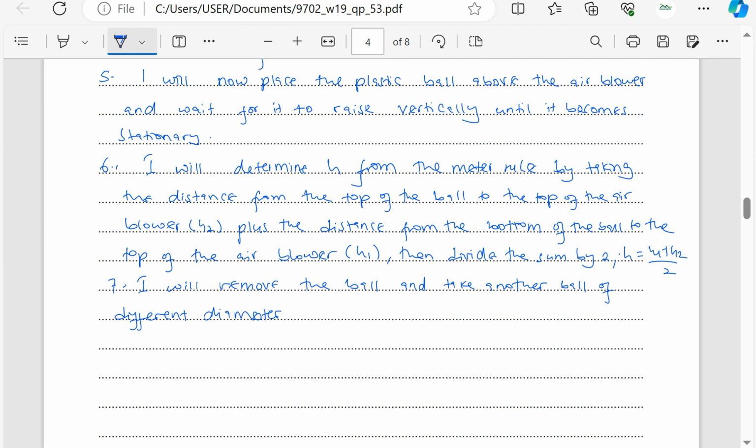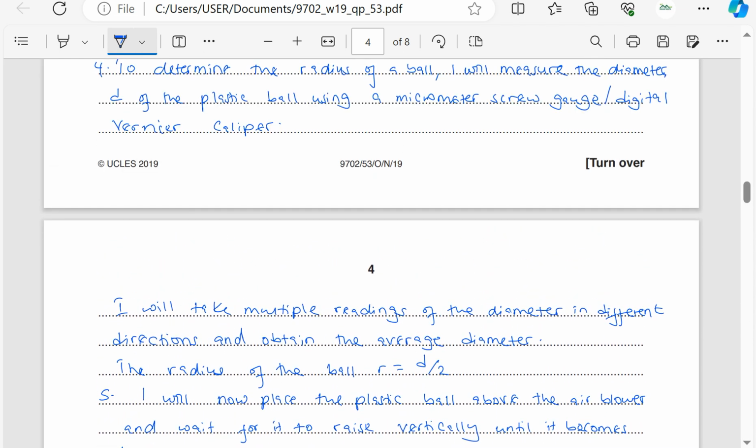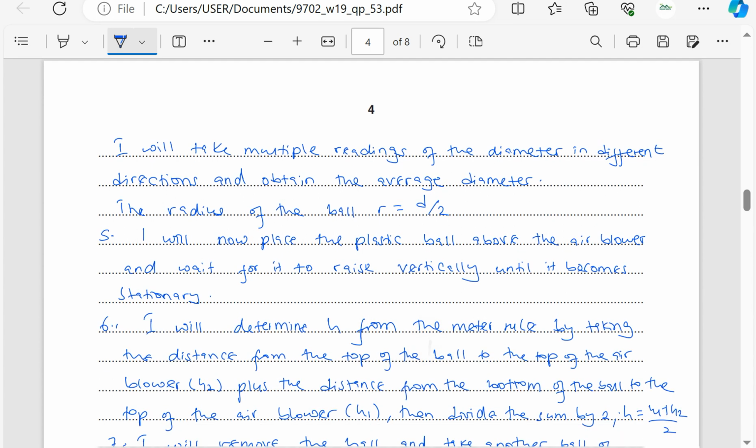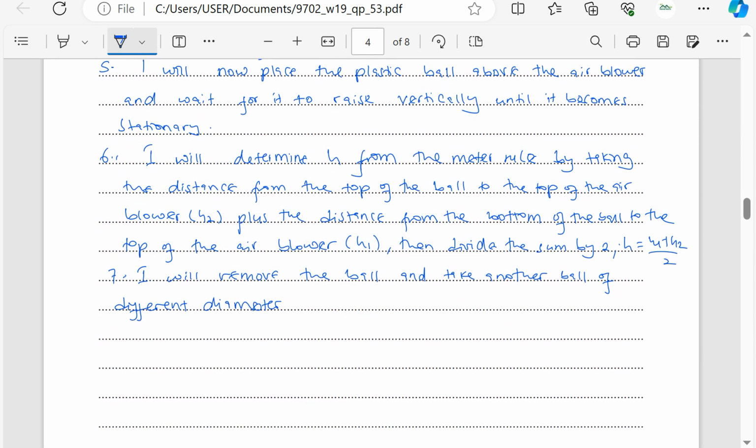I'm going therefore to repeat step 4, where I have to find the radius of the ball. Then step 5, where I place the ball above the air blower, and step 6.